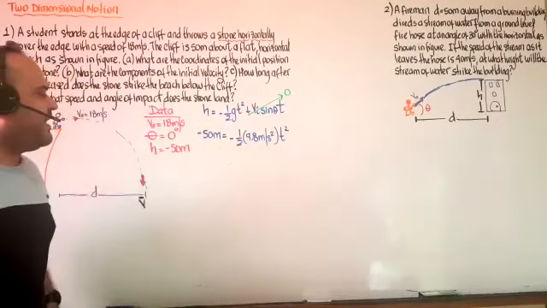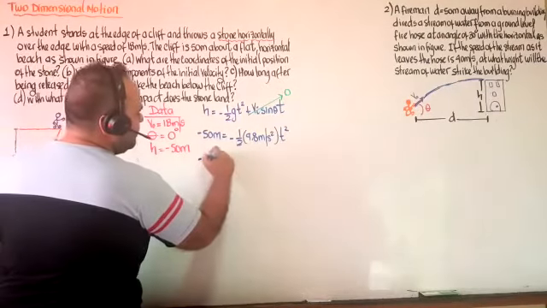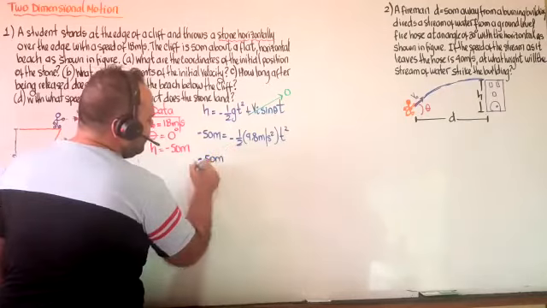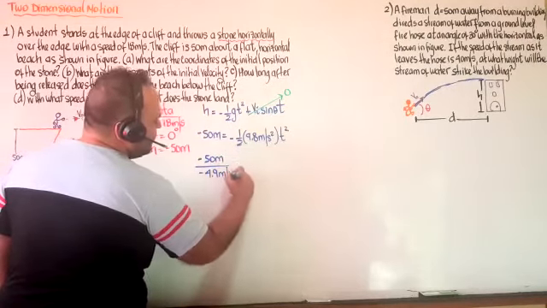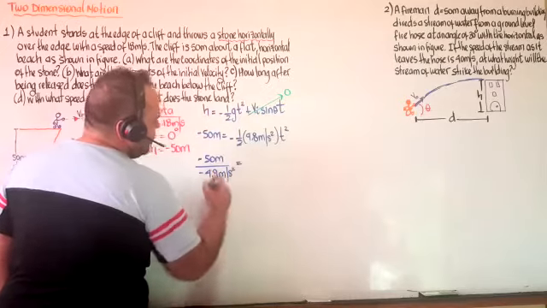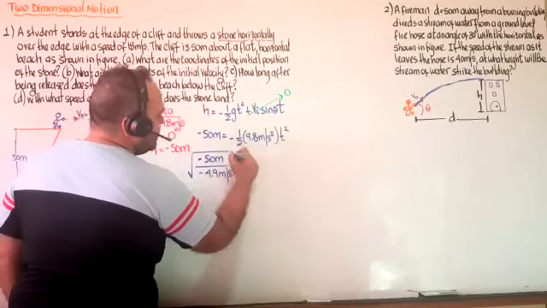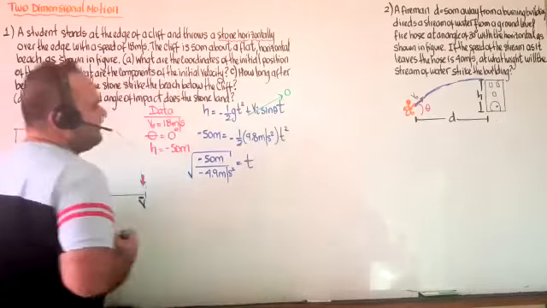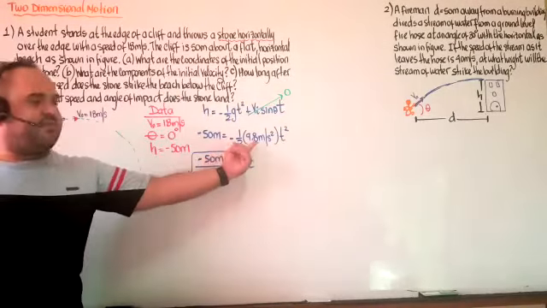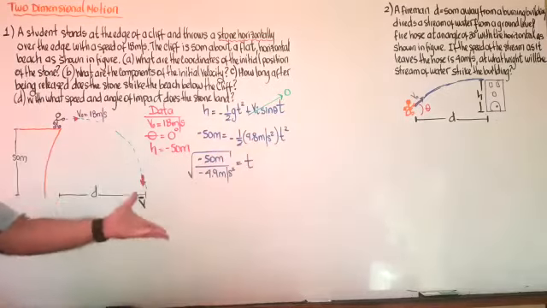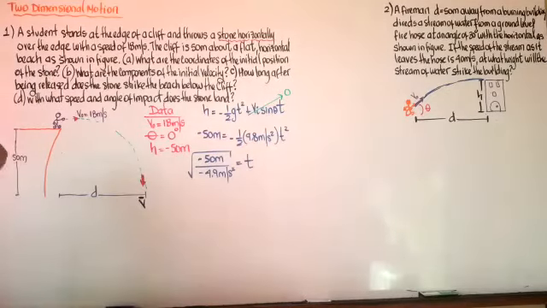Multiplying passes to divide. For that reason, we're going to get negative 15 meters divided by negative 4.9 meters per second squared, which will be equal to t squared.